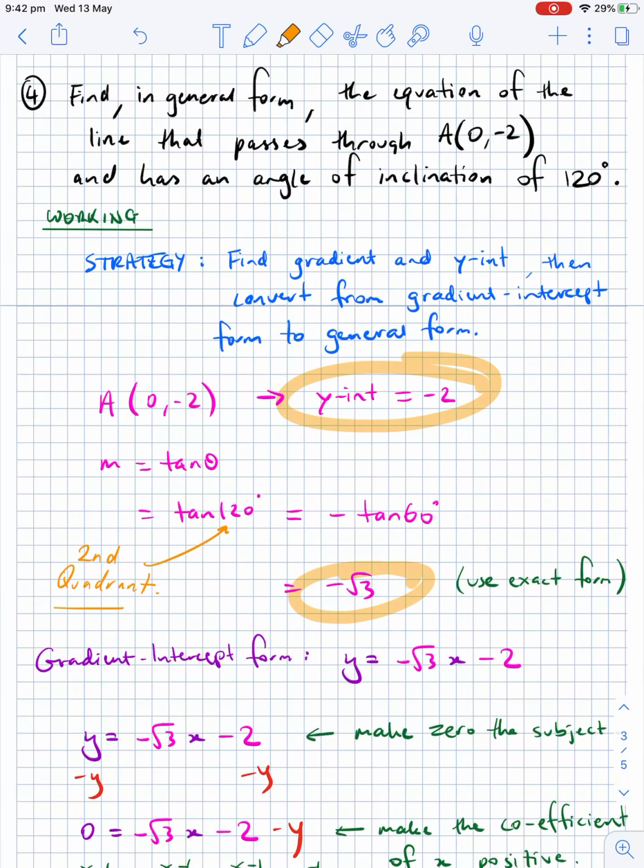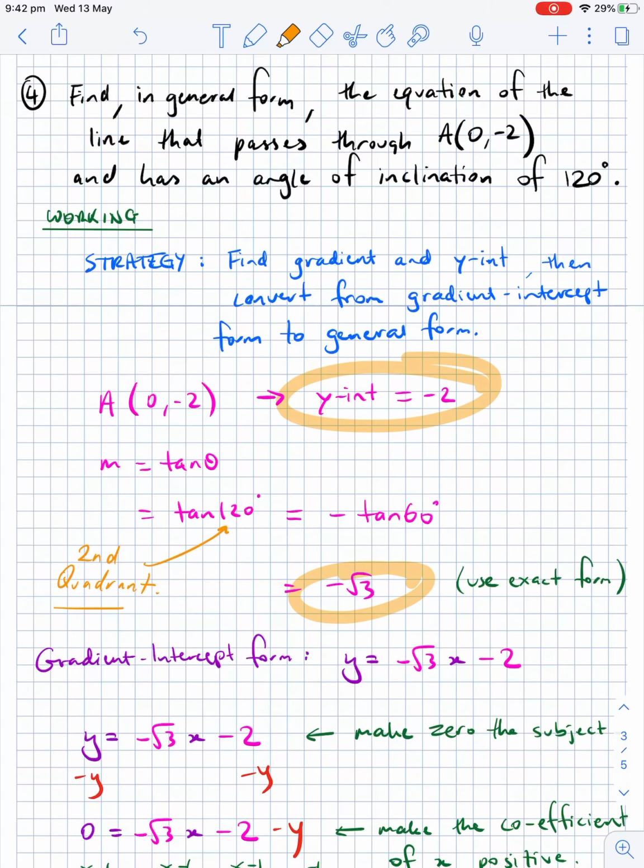Now we can find our gradient using the angle of inclination, using this formula when we have the angle of inclination. So tan of theta is the same as our gradient. So our theta changes to our angle of 120 degrees. When we're finding tan 120 degrees, we think 120 degrees is in the second quadrant of the unit circle.